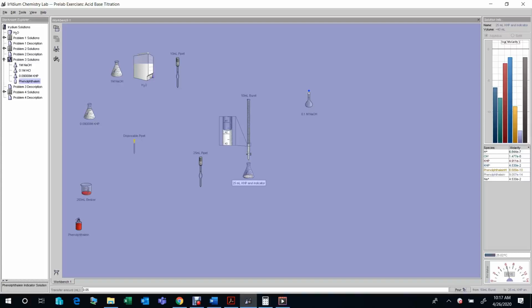We need to pay attention to when the color changes. I just keep adding 0.02 milliliter each time, and pay attention to whether there's a color change.